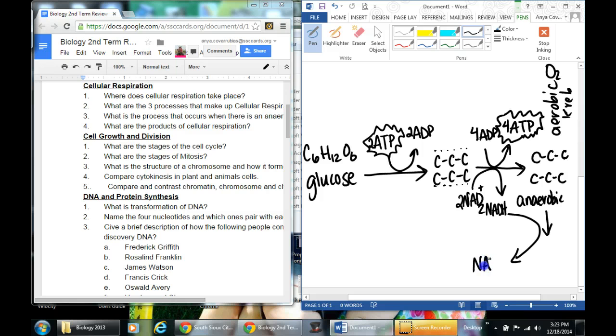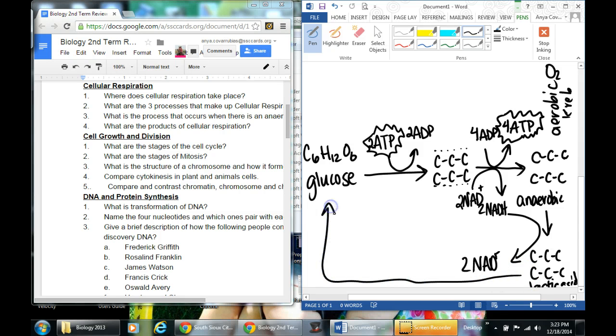We're going to produce 2 NAD positives again, which is an energy carrier, and those electrons change pyruvate into lactic acid. So this is lactic acid. And lactic acid is going to stay stored in your muscles until you get it out of there, and it goes into the bloodstream, back into the liver, and after it goes into the liver, it turns back into glucose, and then it starts to cycle again.